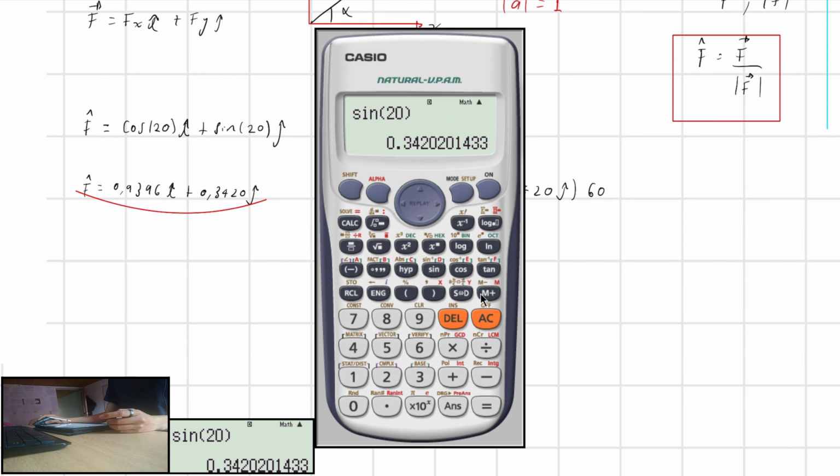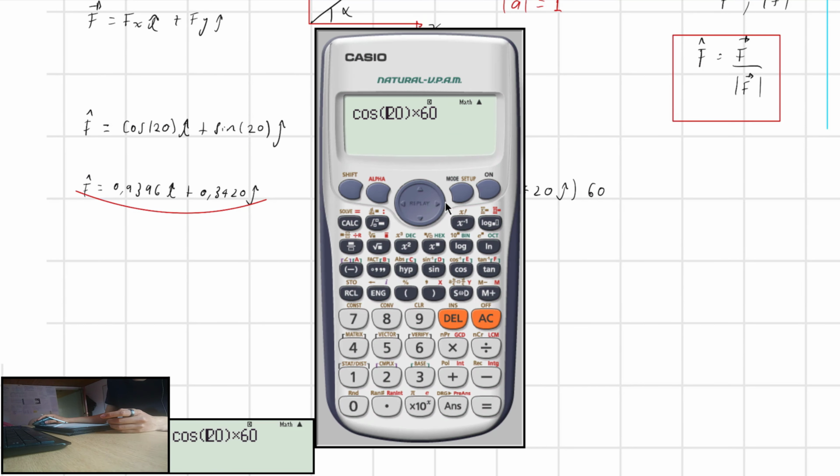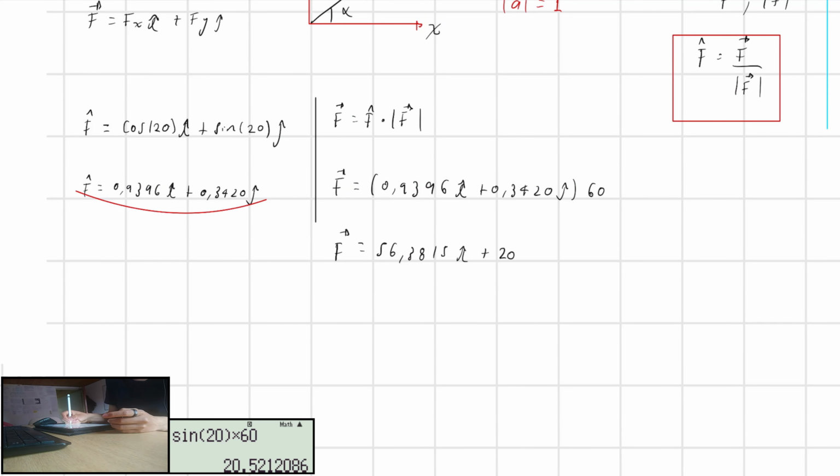So the sine of 20, the cosine, I need the cosine of 20 multiplied by 60. 56.3815 along the i direction plus 20.5212 on the j direction, and we have our first answer.